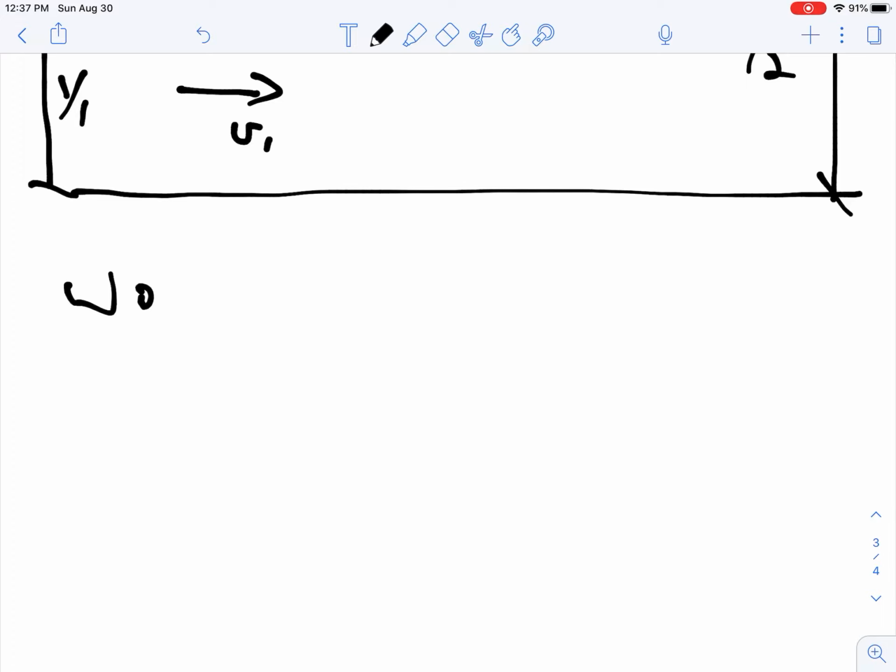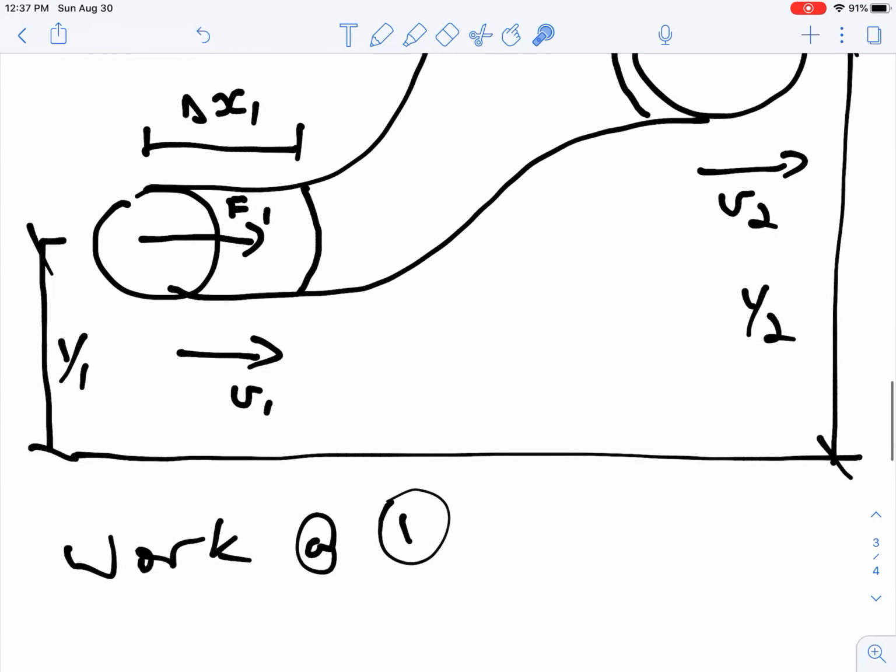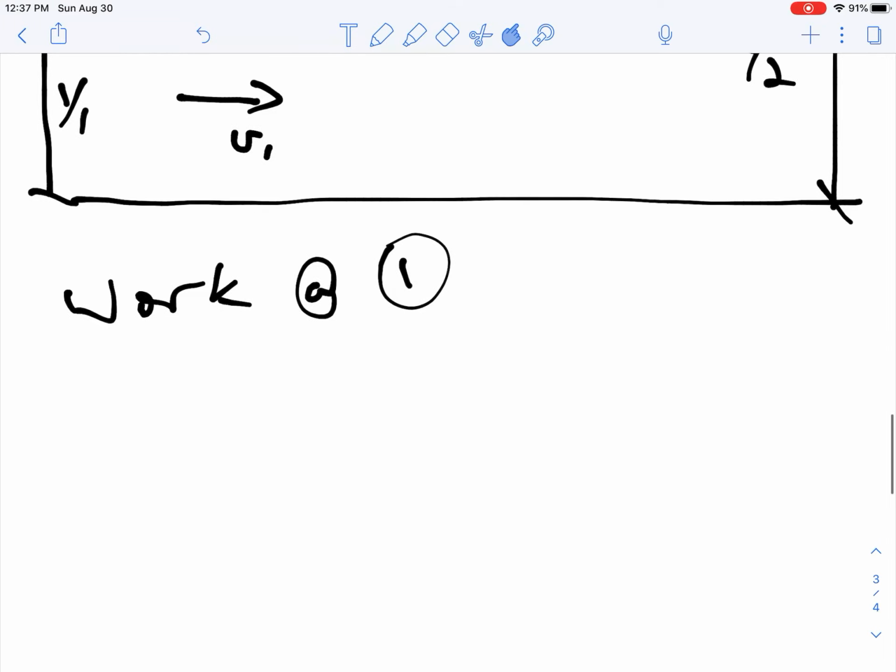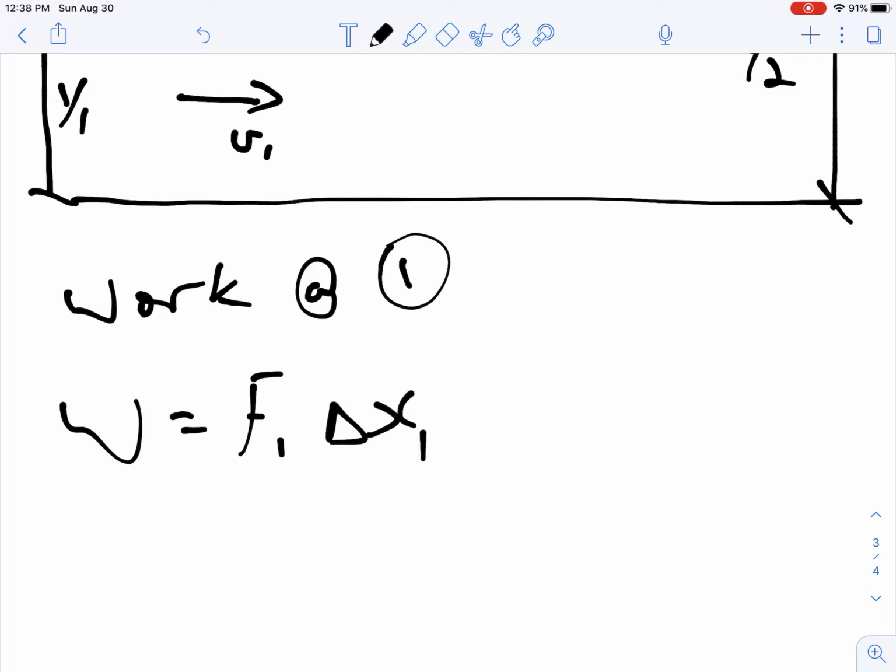The amount of work done at section 1 of the pipe, at the beginning of the pipe, to remind you, these are all the ones, so we're referring to this end first. So the work done at area 1 on the fluid is going to be force times displacement.